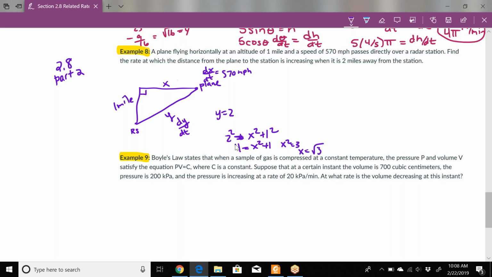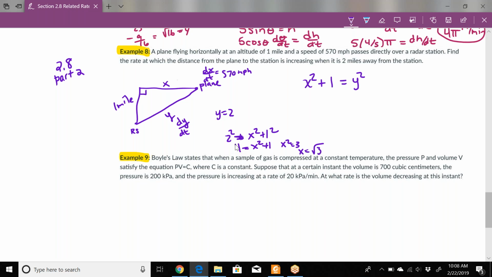Now to talk about this in terms of rates of change, we need to write the formula again: x squared plus 1 squared, which is 1, equals y squared. That is the formula that connects all of the pieces together. It's the Pythagorean theorem.